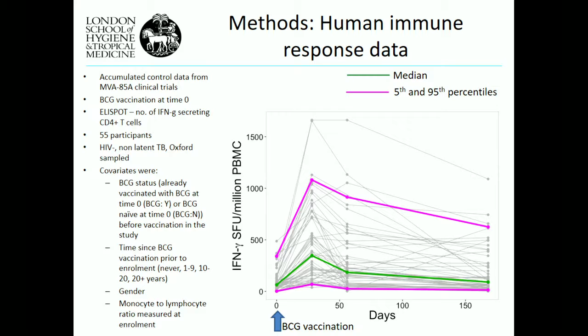This covariate was then split down further by time since BCG vaccination: never for those who never received BCG before the study, 1 to 9, 10 to 20, and 20 plus years before enrollment into the trial. There was also gender and monocyte to lymphocyte cell ratio, which was measured at enrollment.